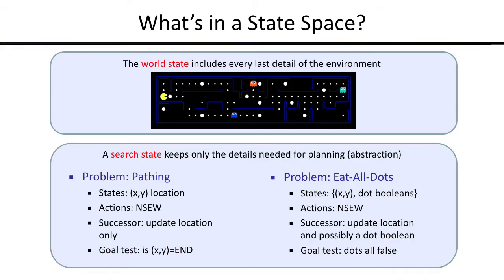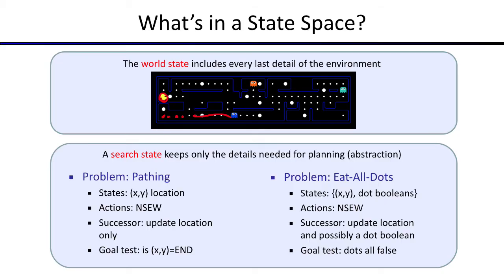It's also not enough to know how many food are left, because if I say Pac-Man is right here, and there are 30 pieces of food left, it makes a difference in terms of what plan Pac-Man is going to choose if those food are in this configuration, or if there are also food over here instead of over here, something like that. So the information we need to be keeping track of to solve this problem is, where is Pac-Man and where is there still food?